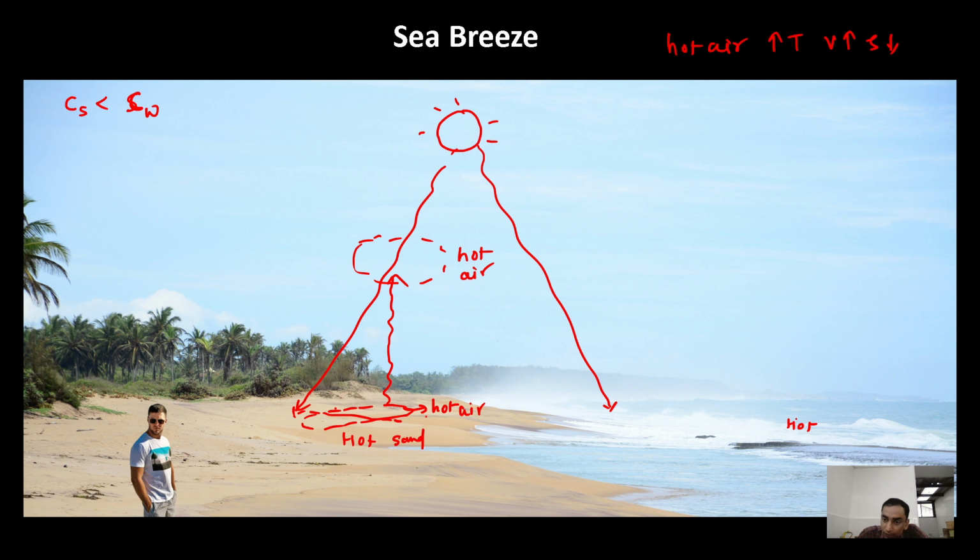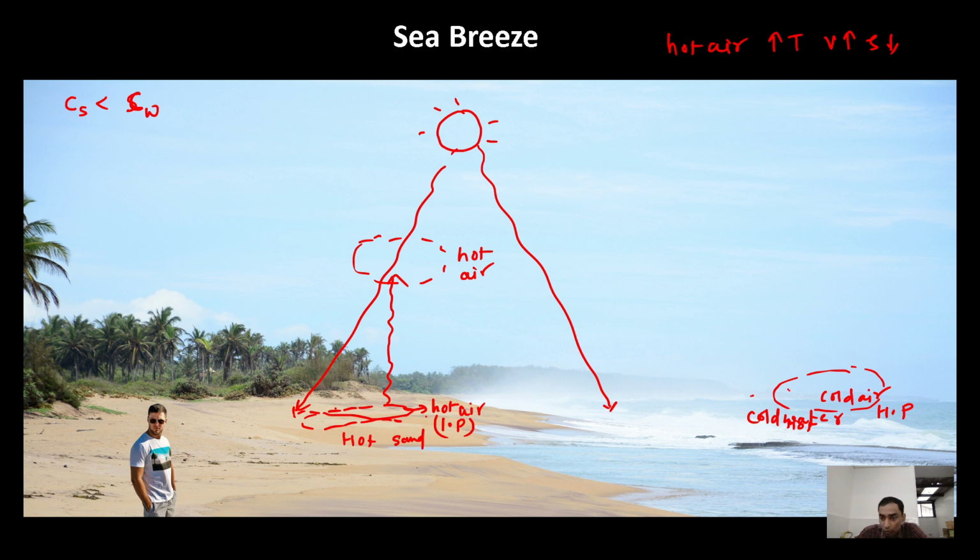And here comparatively we have cold water. So the air just above the cold water is also cold. This is cold air, which makes this a high pressure zone and this a low pressure zone.